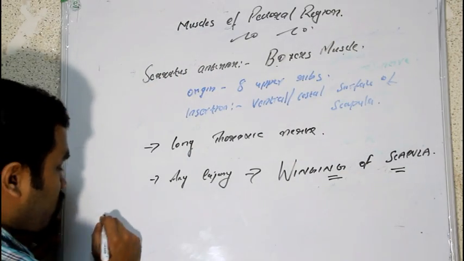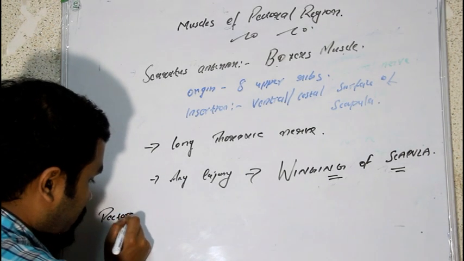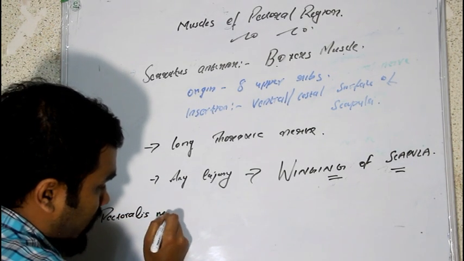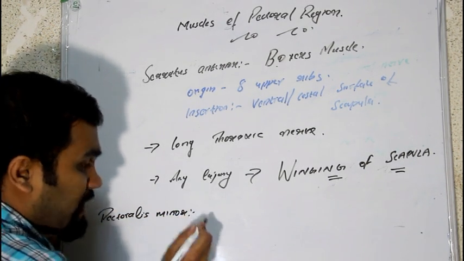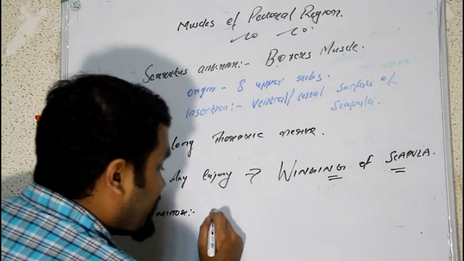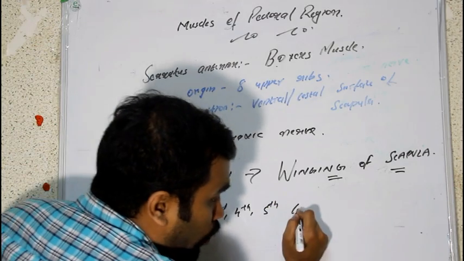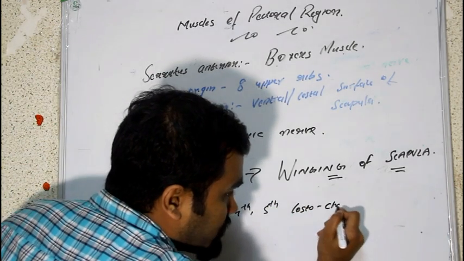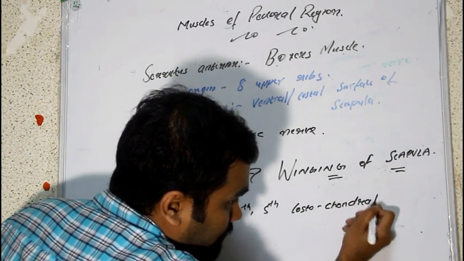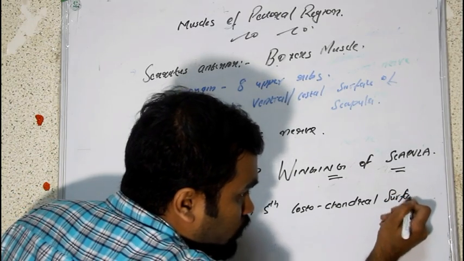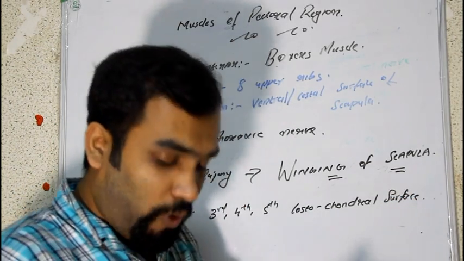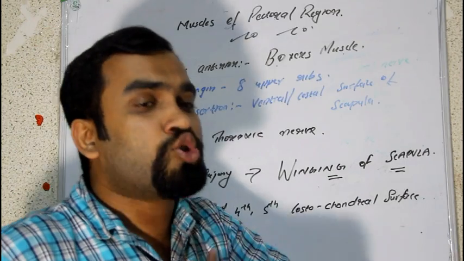The other muscle was the pectoralis minor. This muscle originates from the 3rd, 4th, 5th costochondral surface, okay? What is costochondral surface? Costo means what?